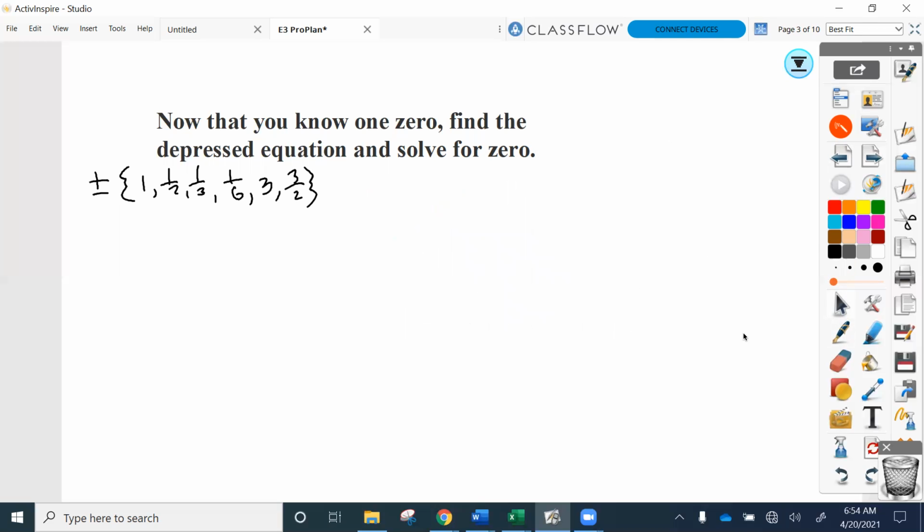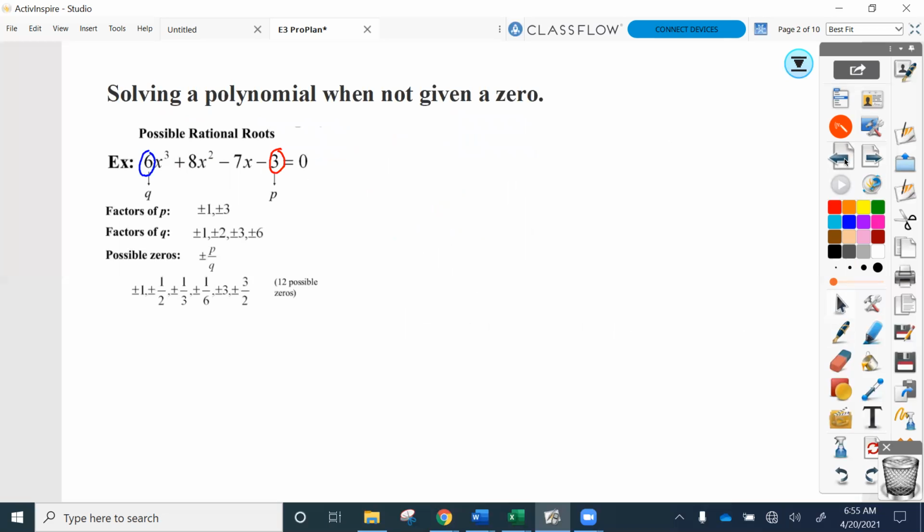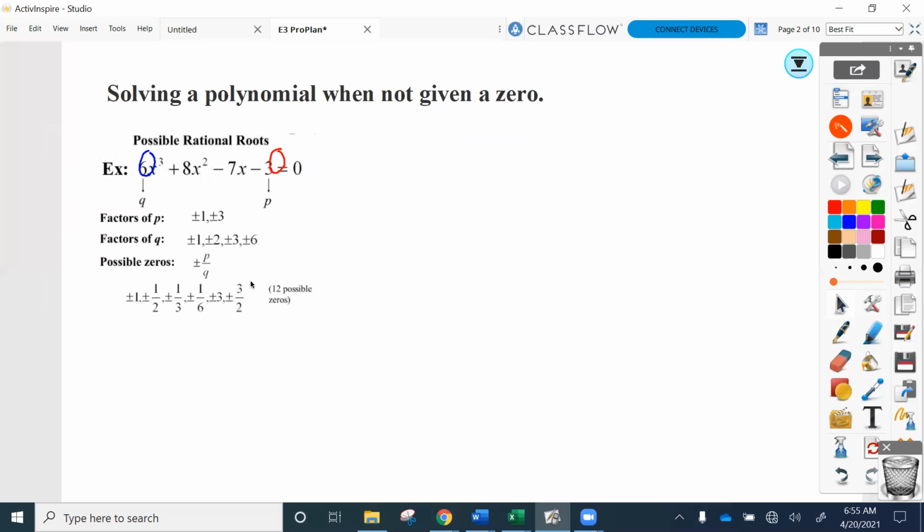Okay. So it says now that you know one zero, you're going to find the depressed equation and solve for the rest. So these are the possible zeros that we found right here.